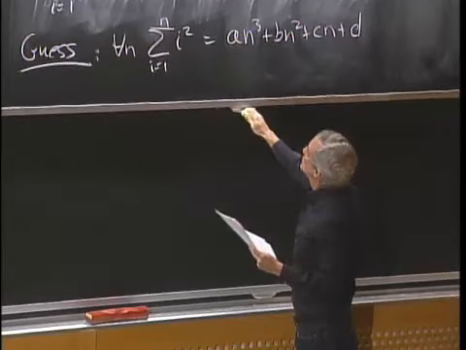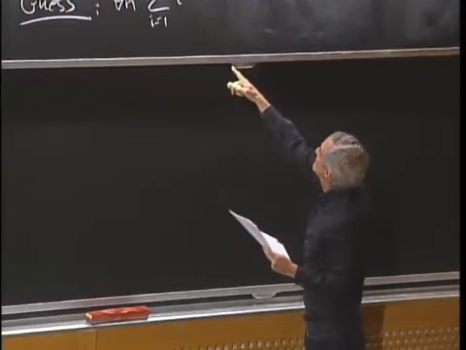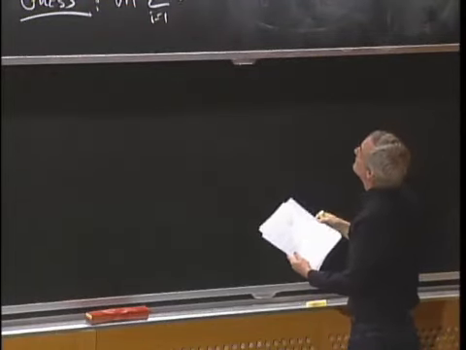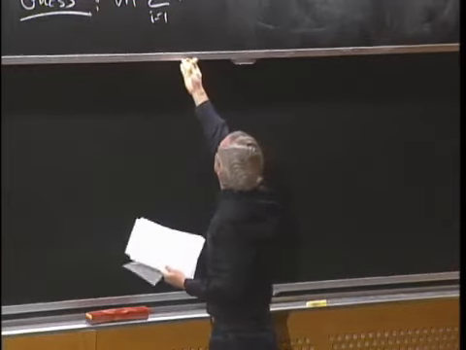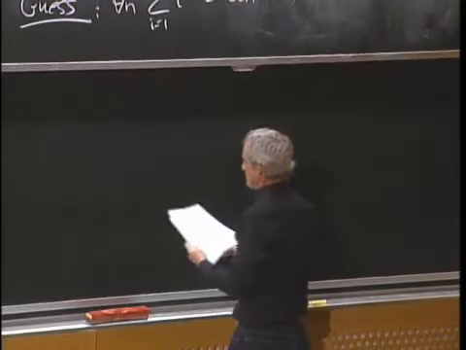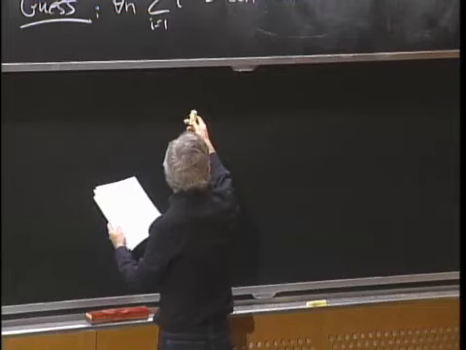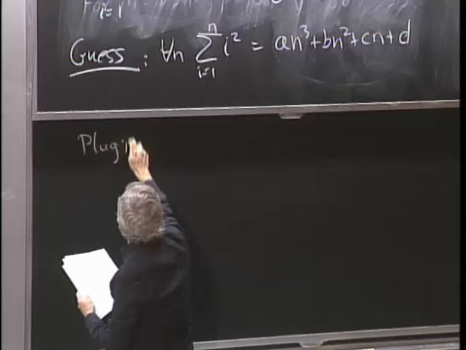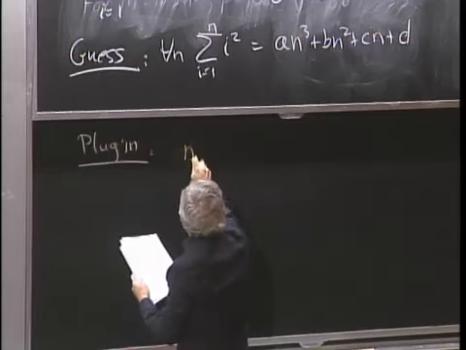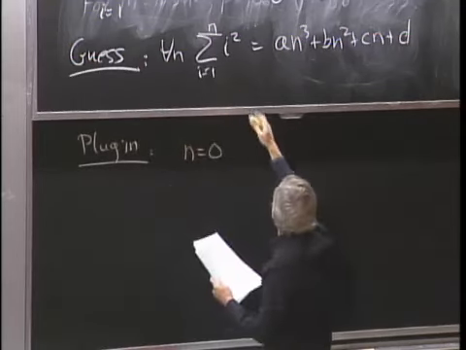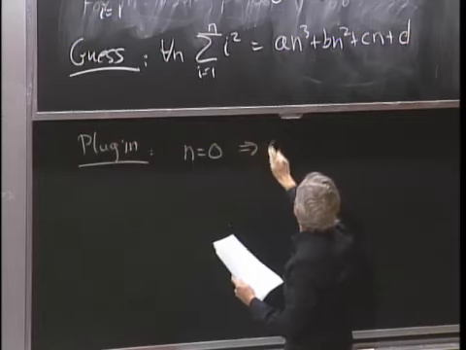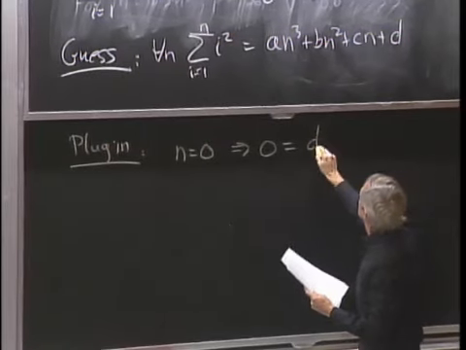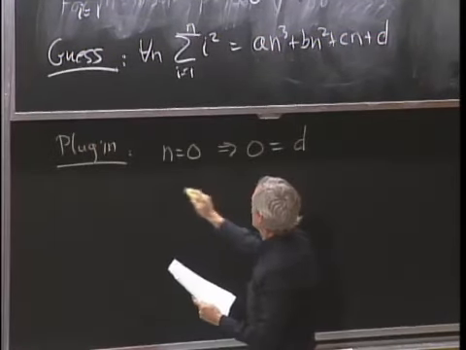Then what you would do is plug in the value n equals 1, n equals 2, maybe even we'll make it n equals 0, make it simple, and start getting some constraints on the coefficients. So you would plug in n equals 0, the sum is 0. The polynomial evaluates to d. That tells you what d's got to be right away.